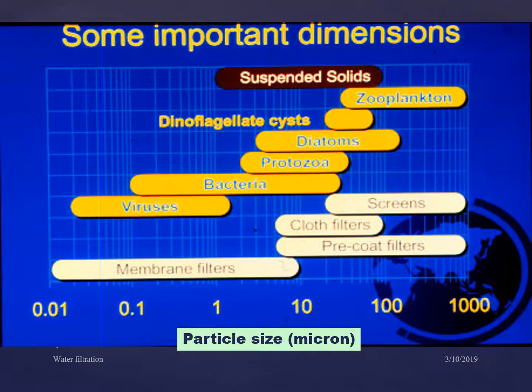Bacteria, as you see, start from 0.1 to, let's say, above 30 or 40 microns, and you can use membrane filters to remove bacteria. For suspended solids, if you remember, we practiced in class, the range starts from 1 to 100 microns. And here, as you see, is the technology that you need to remove suspended solids.